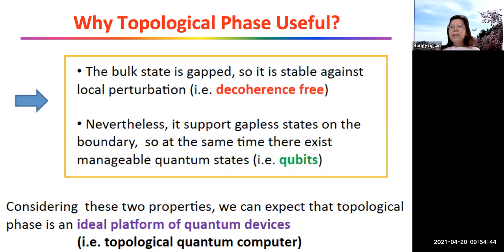So ideally, these particles would not suffer any decoherence, and as we already talked about, we could have manageable quantum states to form qubits, right? So it would be a really wonderful platform for building quantum devices, or more so for carrying out quantum information.